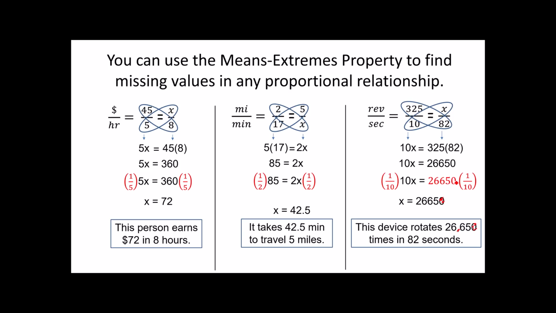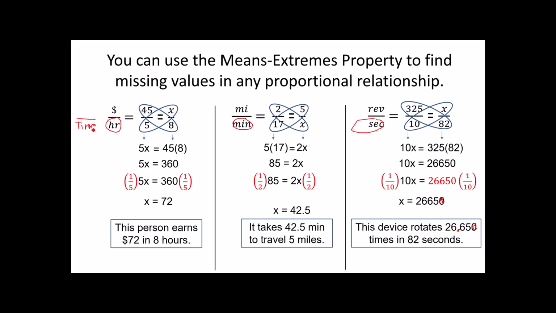Much, much better. Now, one thing I do want to point out is that it is typical or common or normal for people to put seconds on the bottom, minutes on the bottom, hours on the bottom. As a general rule, we like to have time on the bottom. That does not mean time has to be on the bottom in order for the means extremes property to work.